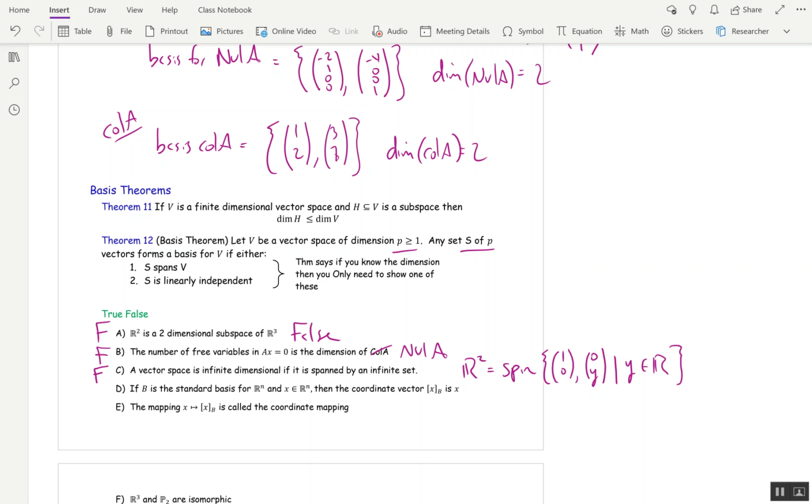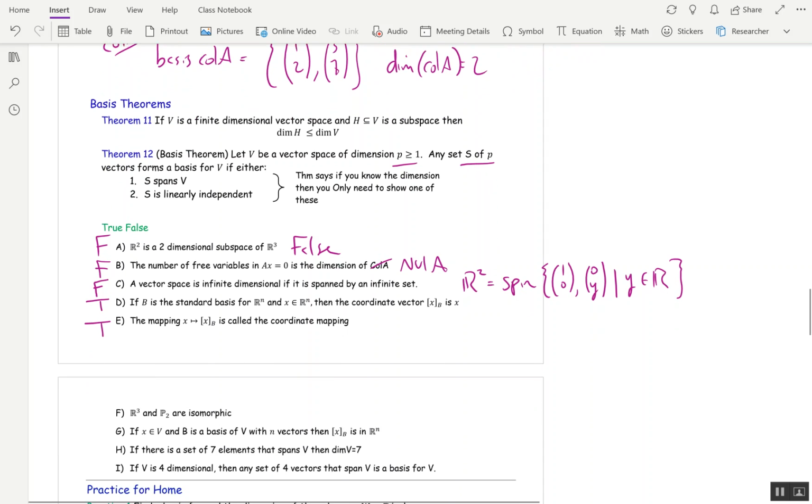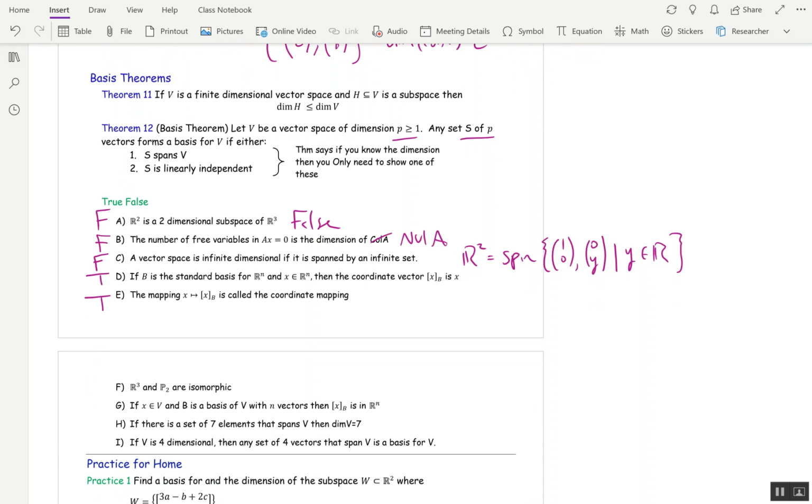Okay, next one. If B is the standard basis for Rn and x is in Rn, the coordinate vector for x is just x itself. We actually saw this in an example last time, and we saw that it's true. The mapping x to [x]_B is called the coordinate mapping. That's true. R3 and P2 are isomorphic. That's true.